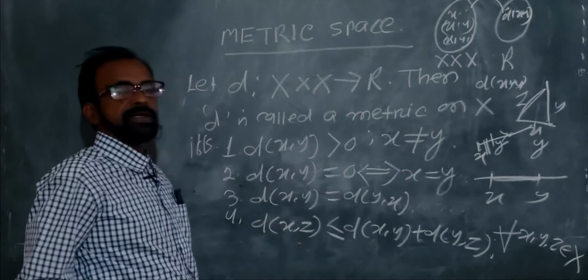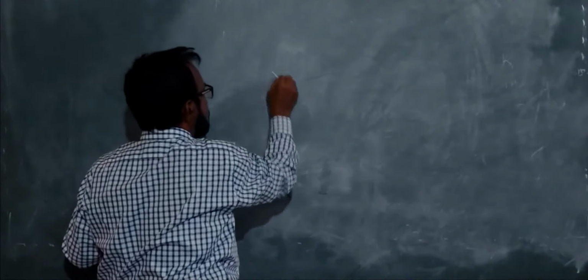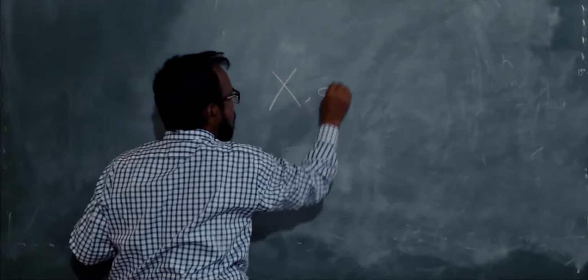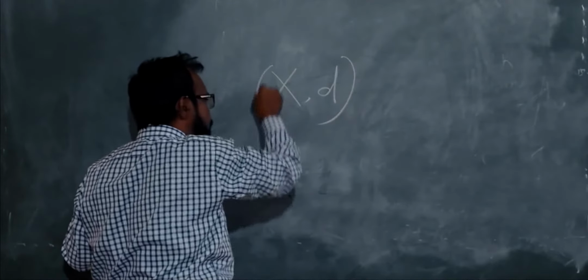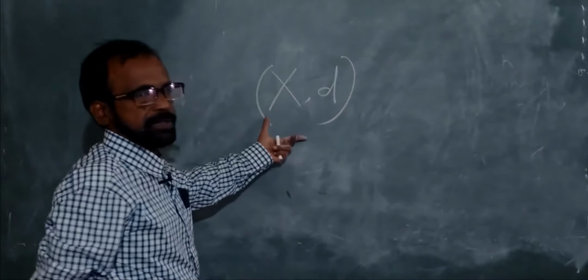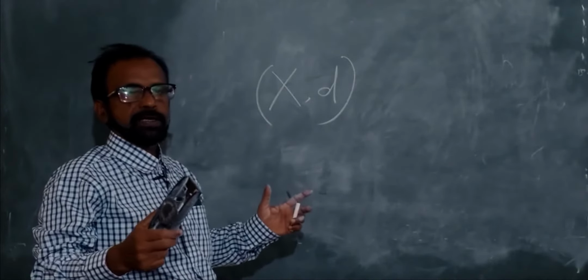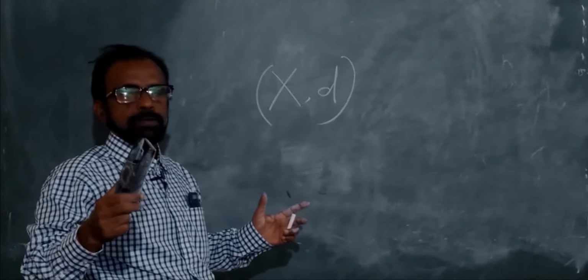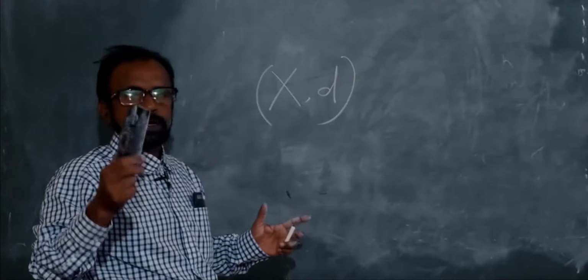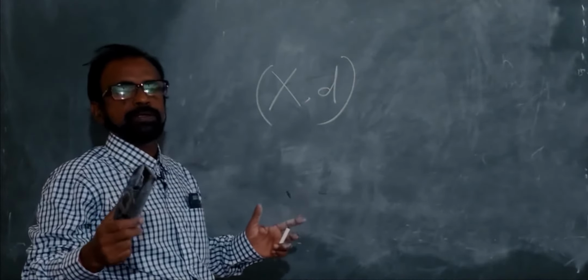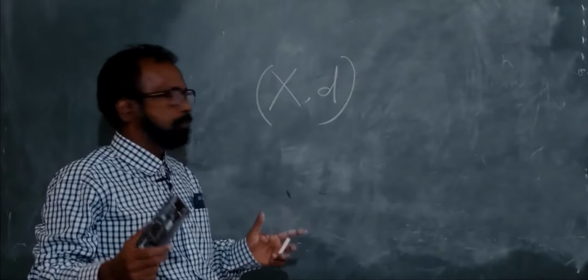So what is a metric space? The whole set X with the metric D, this pair is called a metric space. Like in group theory, if G is a non-empty set and star is a binary operation, then G with that operation forms an algebraic structure called a group.